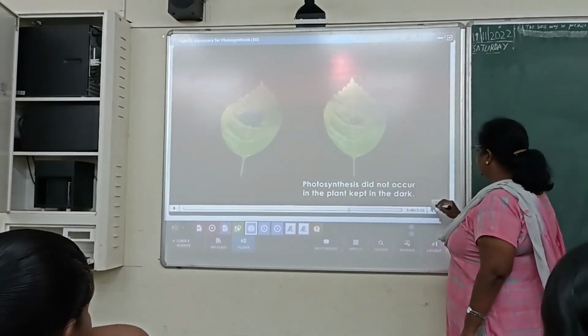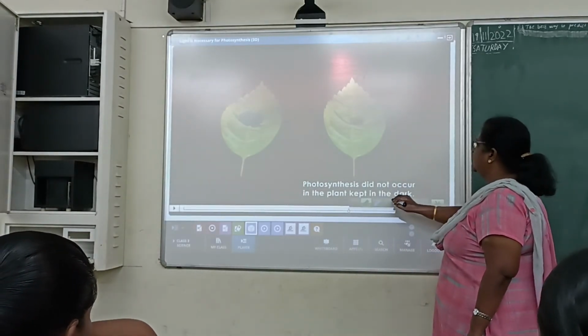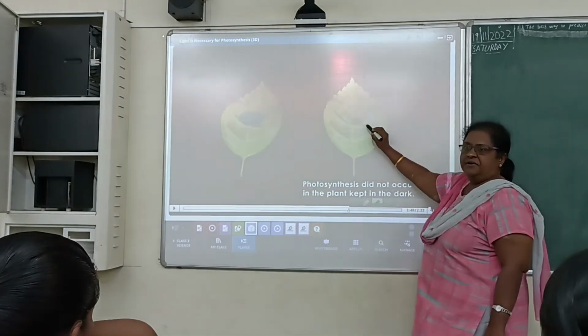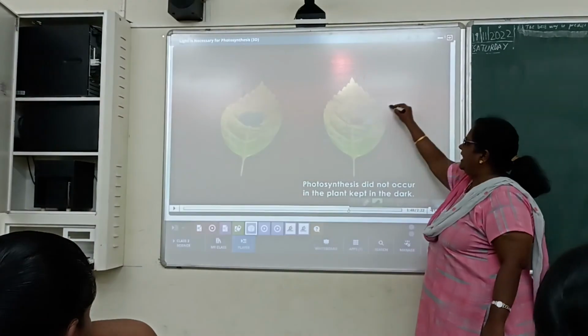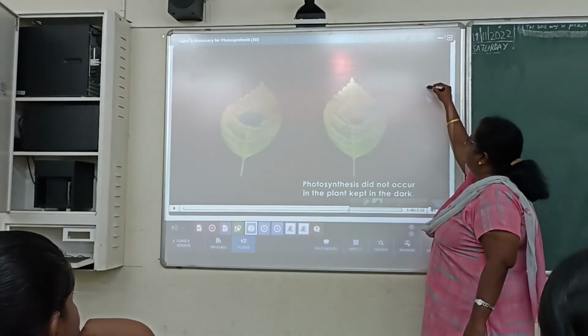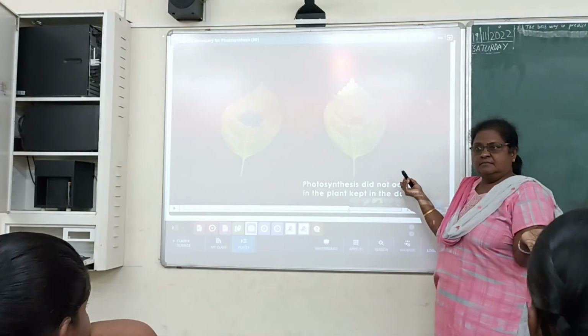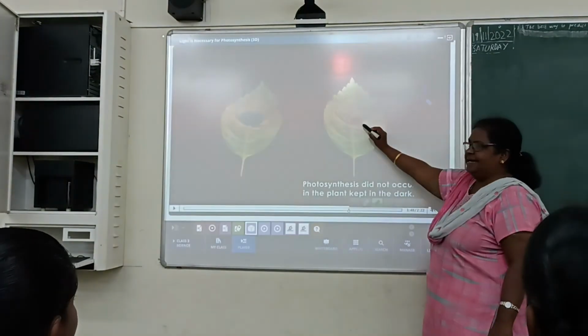Now see here, the color of the leaf has not changed. The iodine color has not changed. It is not black, it is still red. This shows that iodine has not reacted with starch because there is no starch. So it has not reacted, it is maintaining its color.